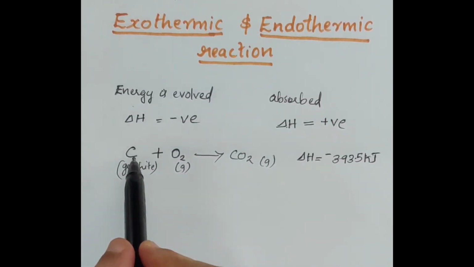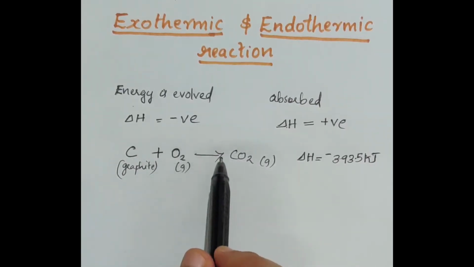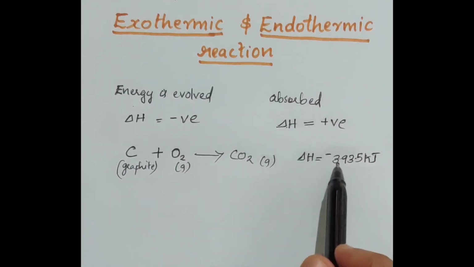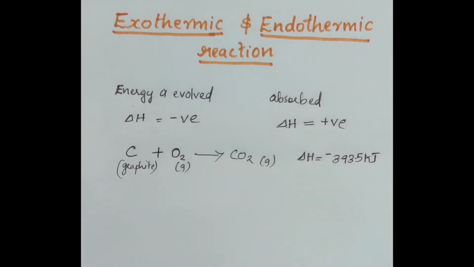When 1 mole of graphite burns completely in the presence of oxygen to form carbon dioxide, the evolution of 393.5 kilojoule of heat occurs.